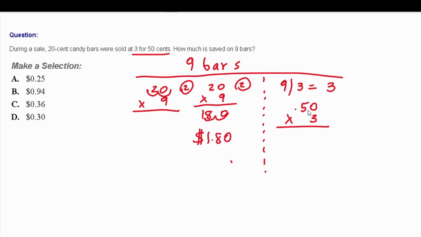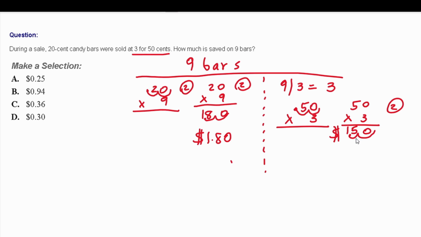As we did over here, we're going to take the decimal in 50 cents, shift it 2 times to the right to make 50. So this becomes 50 times 3, albeit with 2 decimals to shift back into the left when we're done. 0 times 3 is 0, 5 times 3 is 15. Shift the 2 decimals back in, 1, 2. So here we can see if we paid 50 cents for 3 candy bars, we would pay $1.50 for 9 candy bars.